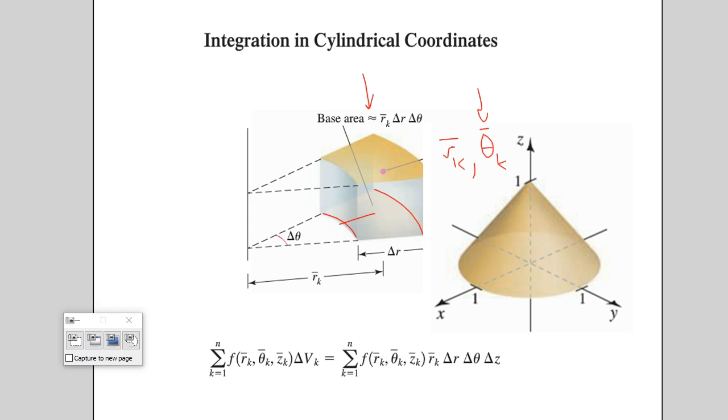This one up here is longer and this one is shorter, but if we stop right here in the middle and create a rectangle with this piece as one length and delta r as the other, we would approximate the area.